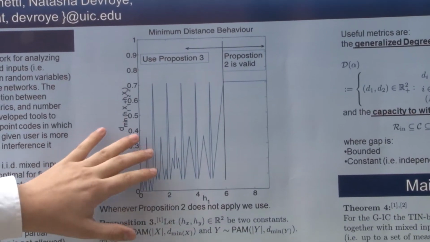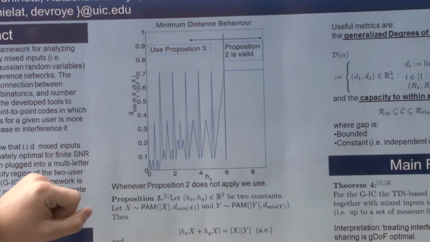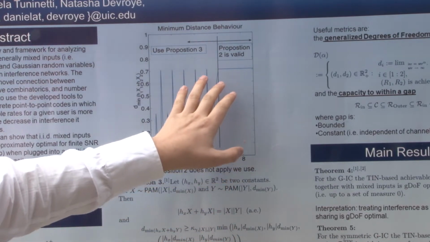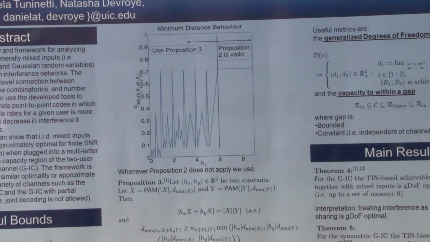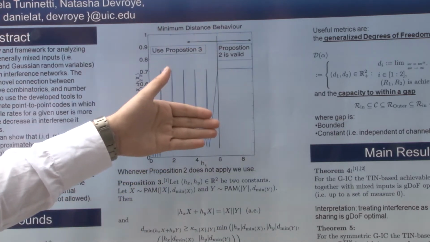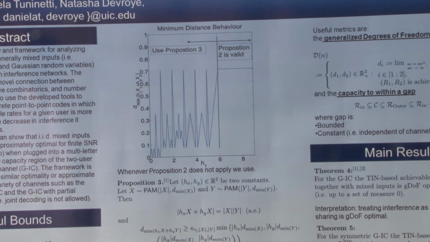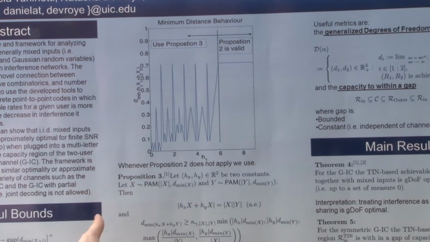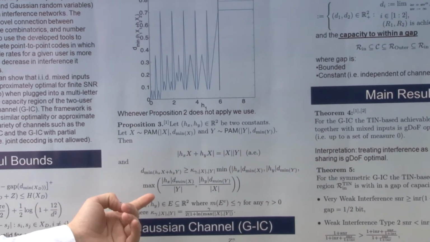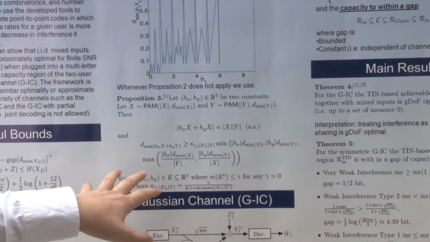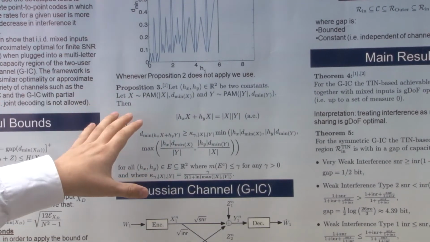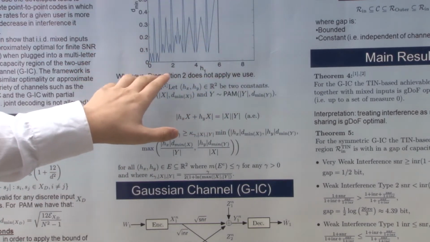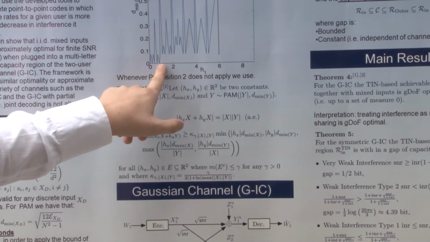To bound or compute it, we have the following two propositions. The minimum distance behaves in an irregular part and a regular part. Proposition 1 says that in the regular part, the minimum distance behaves as a minimum of two minimum distances. Proposition 2 bounds the minimum distance in the irregular part, but at some points the minimum distance is actually 0.